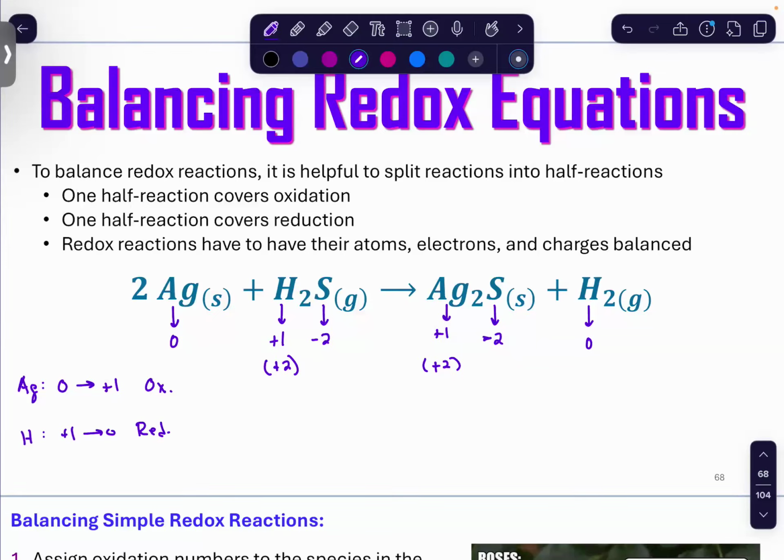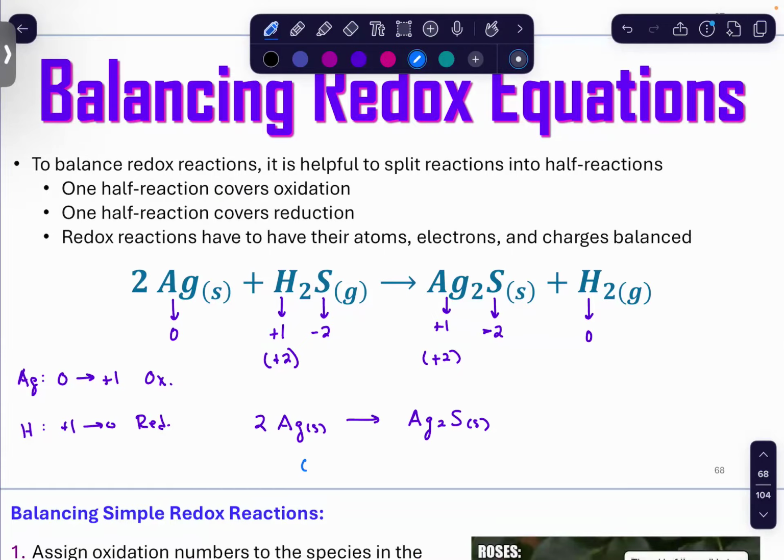That's reduced. So my first half reaction is going to be my 2 silvers, and then that's going to go to the silver sulfide. This is my oxidation half reaction.